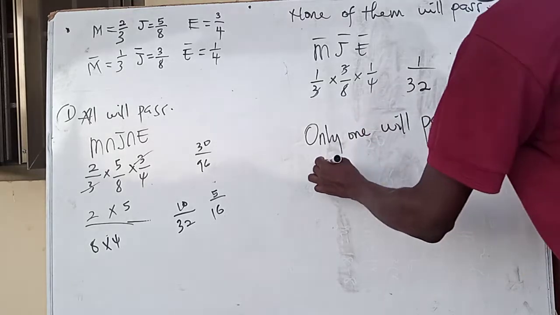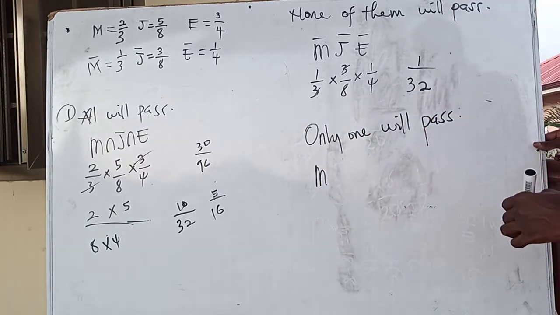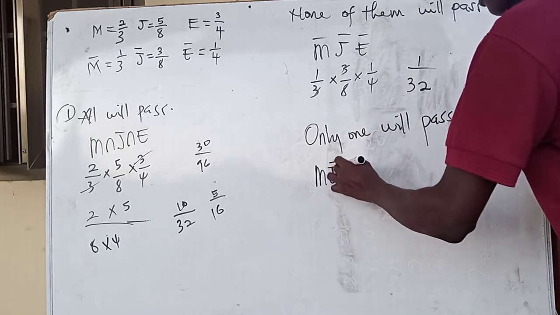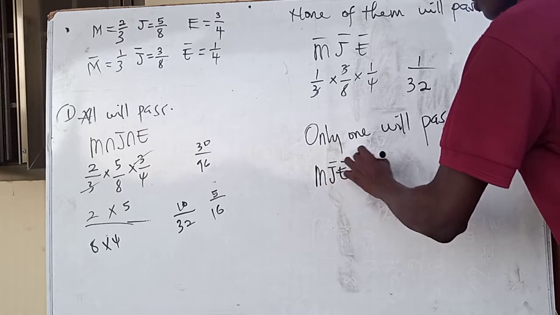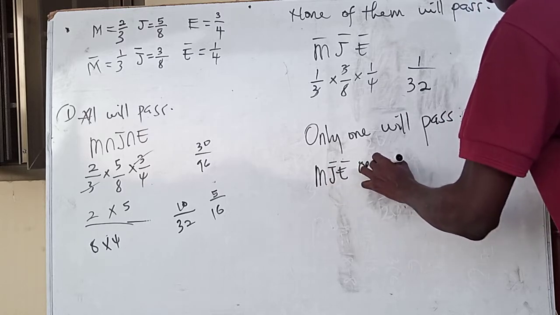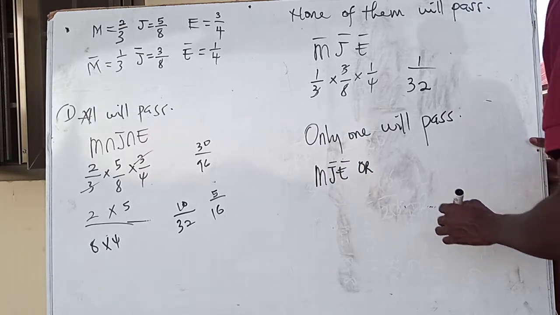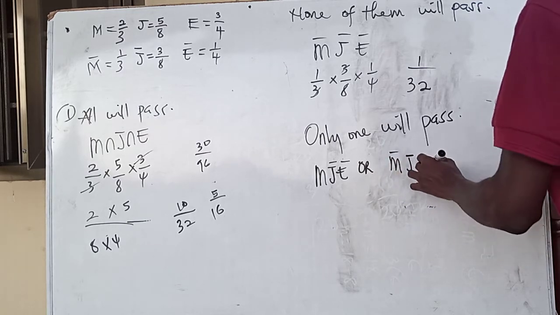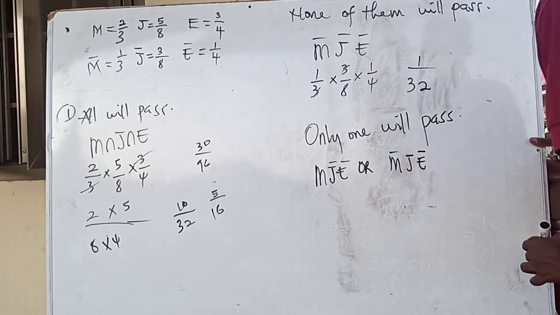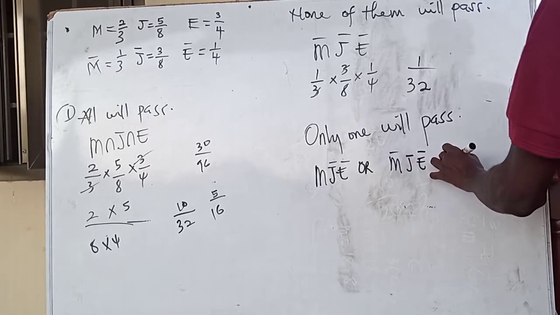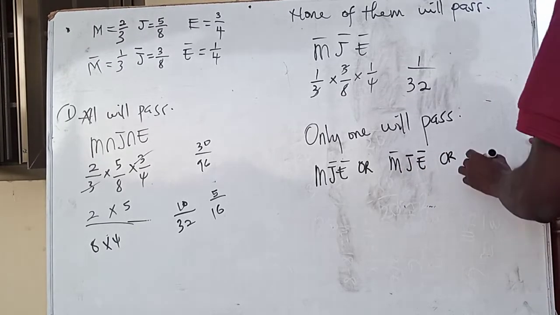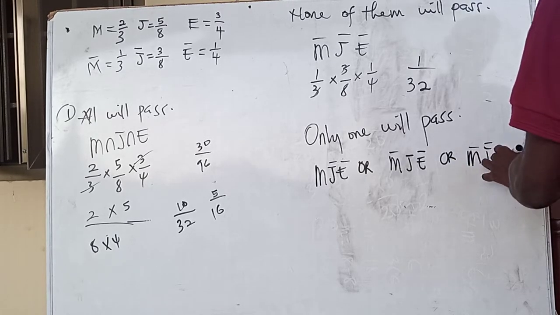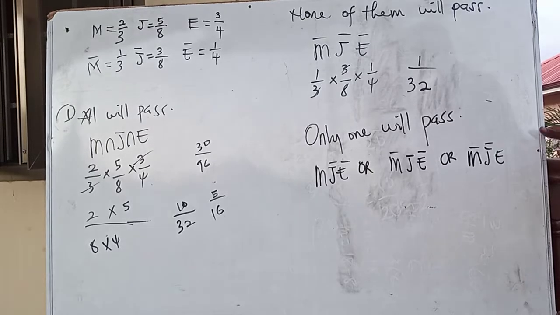It can be that Manful will pass, John will not pass, Ernest will not pass. Or Manful will not pass, John will pass, Ernest will not pass. Or Manful will not pass, John will not pass, and Ernest will pass.